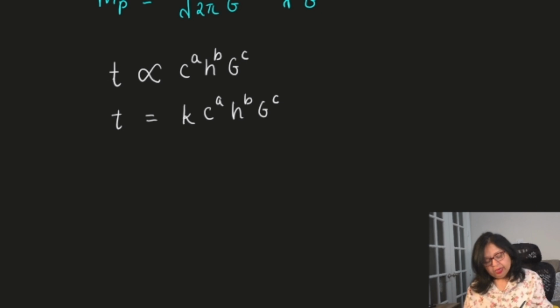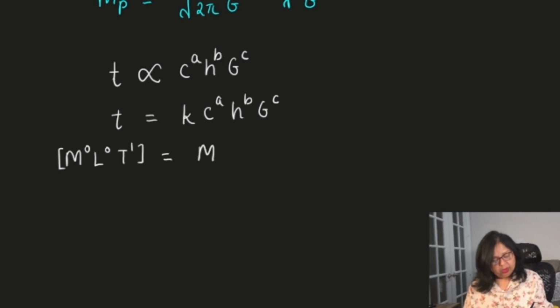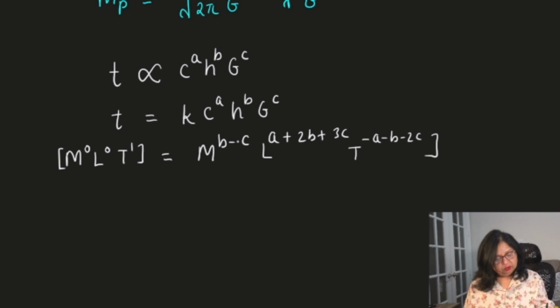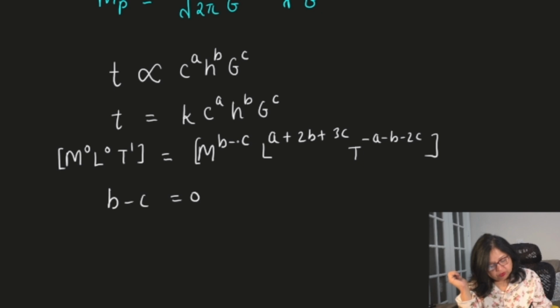Writing in terms of the dimensional formula, left hand side is M0 L0 T to the power 1, and right hand side is going to be M to the power b minus c, L to the power a plus 2b plus 3c, T to the power minus a minus b minus 2c. Alright, this will give you b minus c equals 0, a plus 2b plus 3c equals 0, minus a minus b minus 2c equals 1.